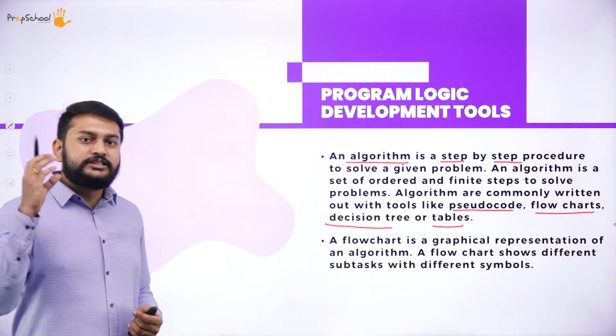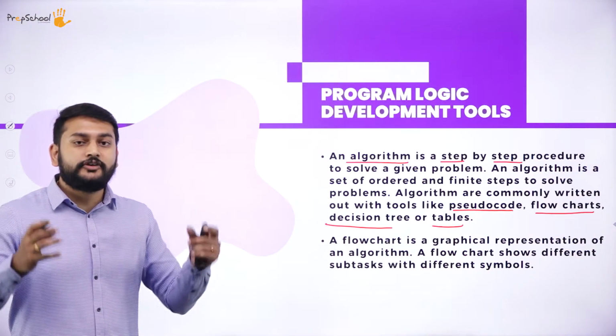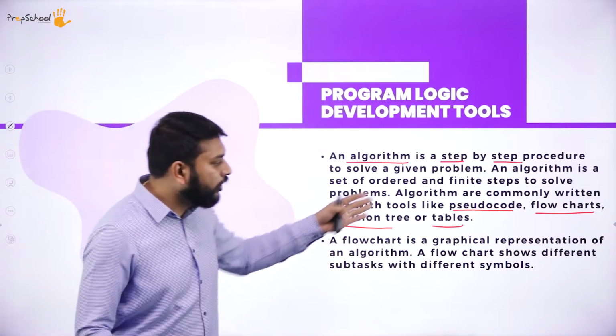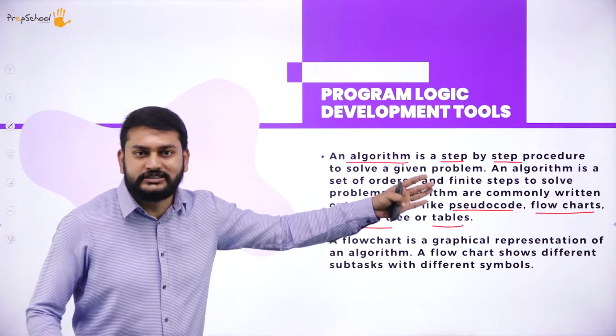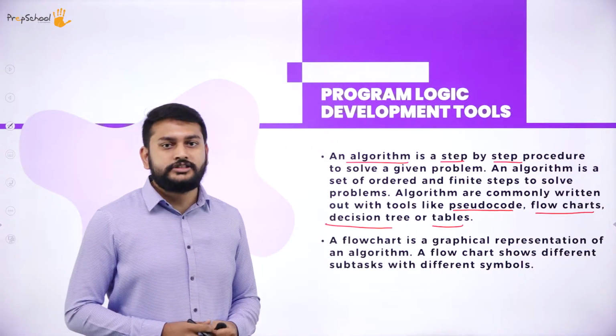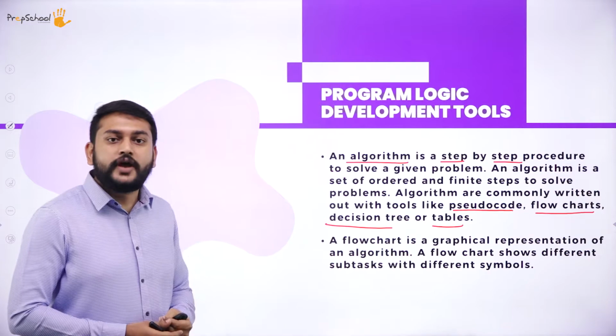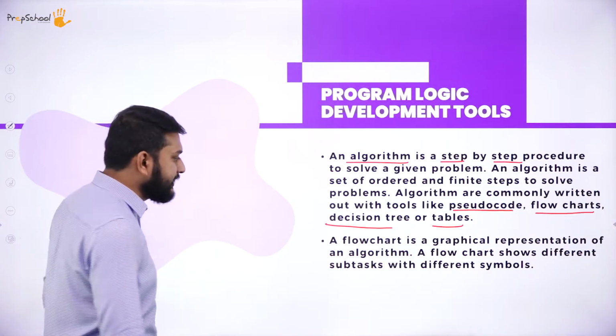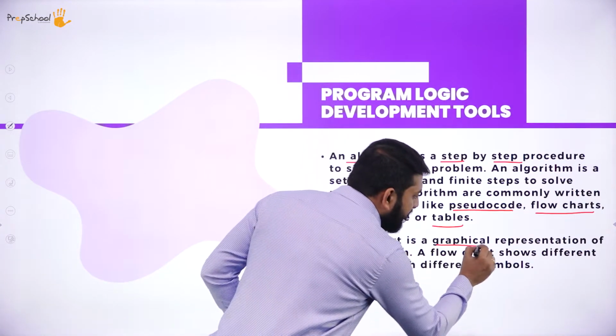Let us discuss a few concepts with respect to the flowchart. I have all these things, but I'll not be discussing all of them right now. I'll be discussing a little of the concept of the flowchart. So guys, a flowchart is something like a graphical representation.